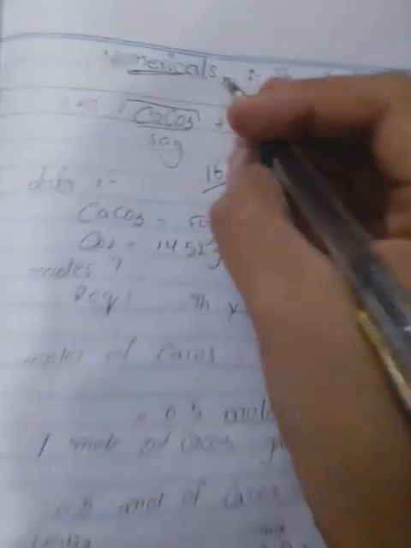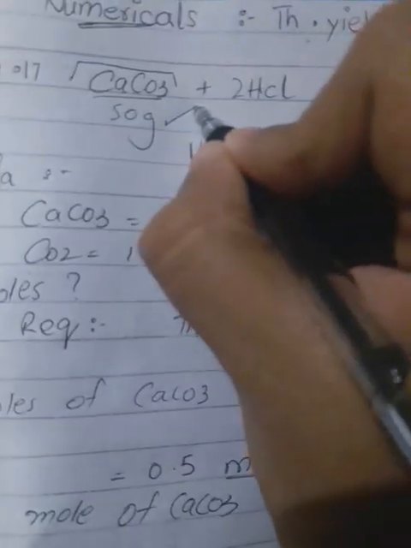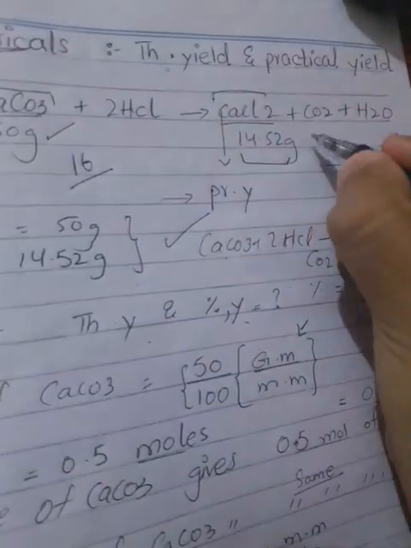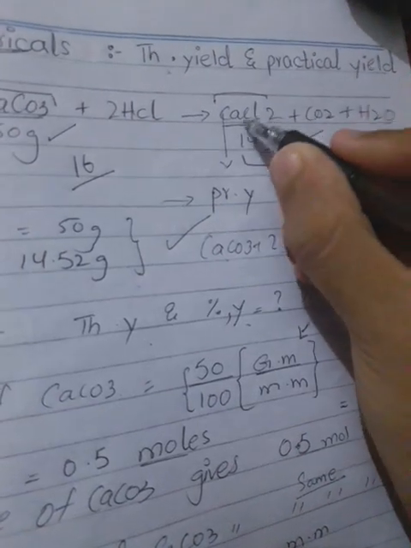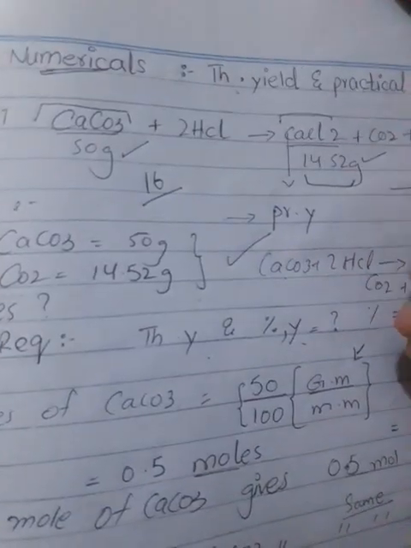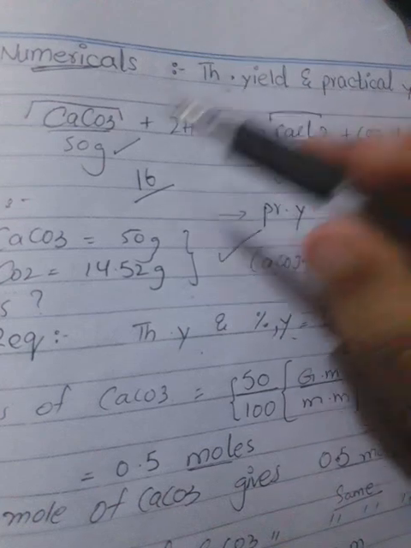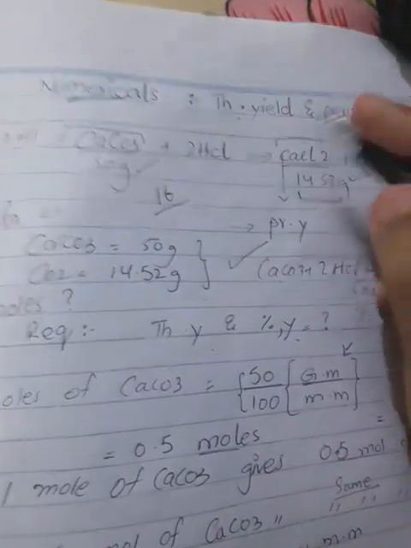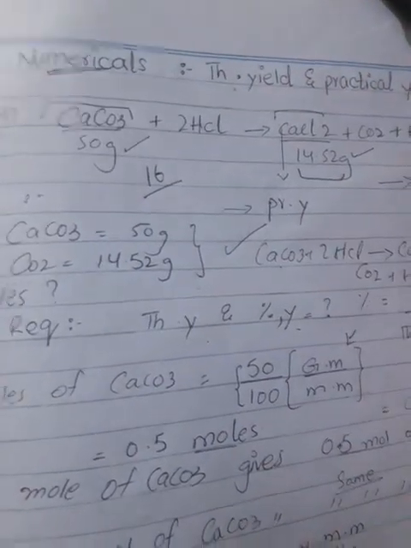Now the given amount is 50 gram for CaCO3, and 14.52 gram for CO2, that is our product.